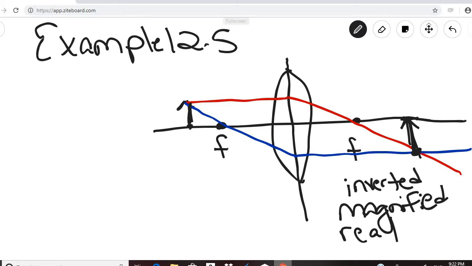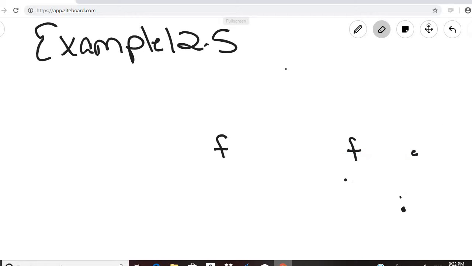So as you look at the object through this lens, it will appear to be on this side. Okay, so that is the first example. Let's do a couple more of those just to get some more practice.